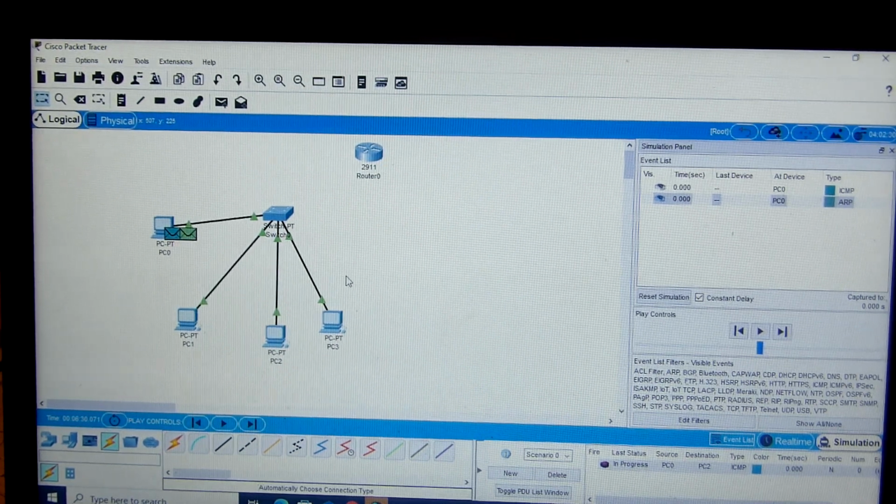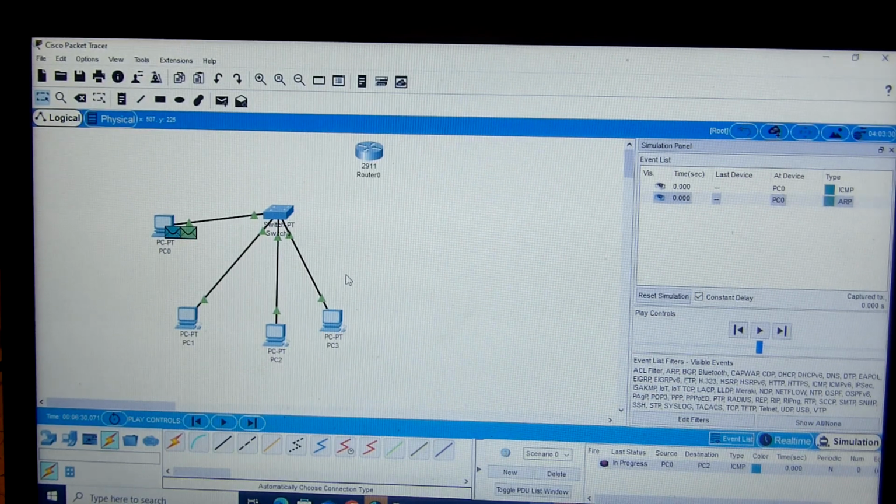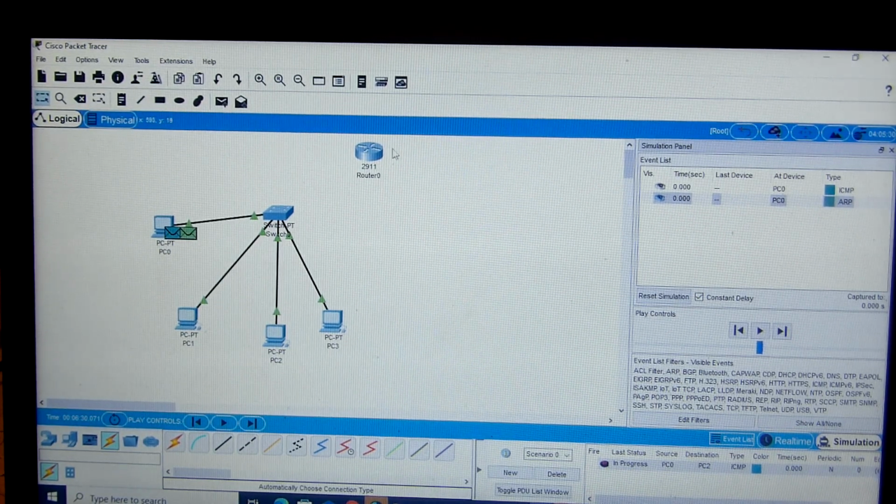You can get in touch through the router, which is outside your network. This is one network, but there are many networks around here.